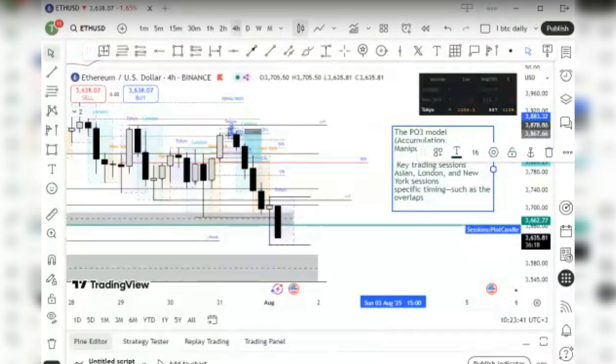So who does the manipulation? The big players, the institutional participants. Distribution: following the manipulation phase, the market enters a distribution phase where major institutions distribute their accumulated positions, leading to a clear directional move that often confirms the underlying trend.